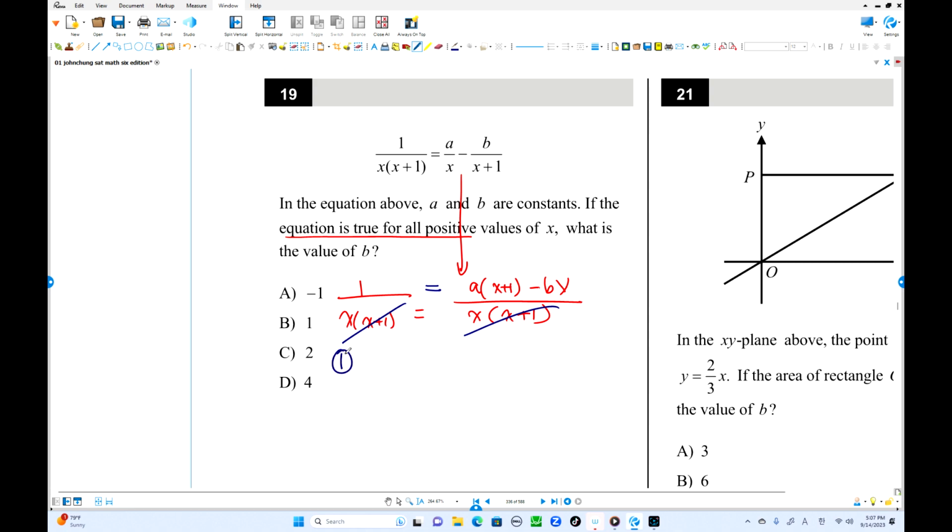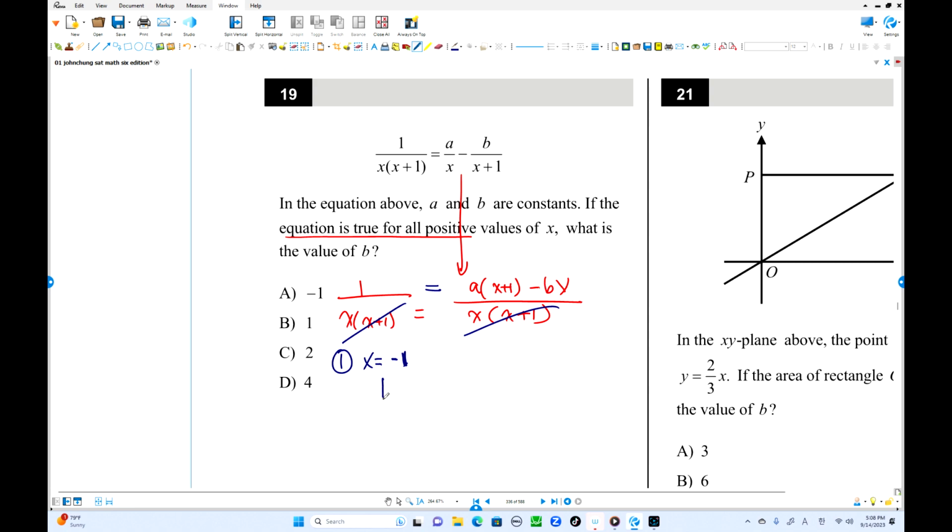So you can try this one. Put in x equals negative 1. It doesn't matter. When they cancel out, you can use negative 1, okay? Don't be confused. x equals negative 1 from the original is undefined. Also, left hand side, right hand side, undefined. But it doesn't matter. When you cancel out, for any value of x, they are equal. All right.